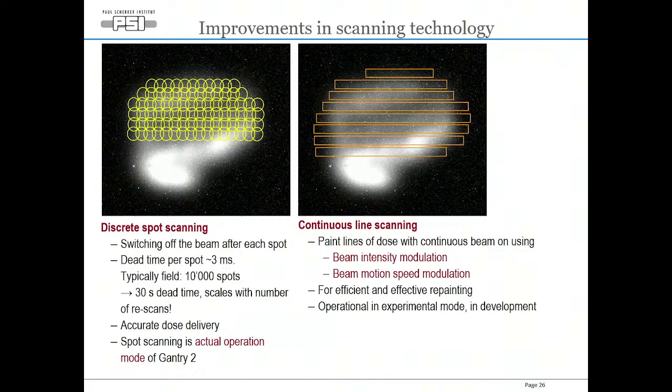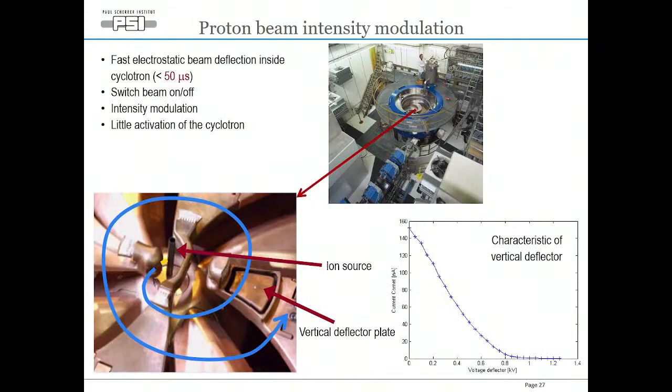And there is something in addition to that what we can do. We have, from the gantry control system, we have access to the center of the cyclotron. In the center of the cyclotron, this here is the ion source. The protons come out here. They start doing their turn in the cyclotron. And here we have what we call the deflector plate.